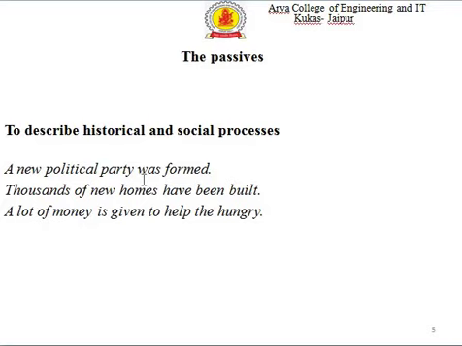So the helping verb in the passive suggests grammatically what it was or would have been in the active. Another passive: thousands of new homes have been built. A lot of money is given to help the hungry. So these are social processes, and when you describe social processes, you passivize the sentence.